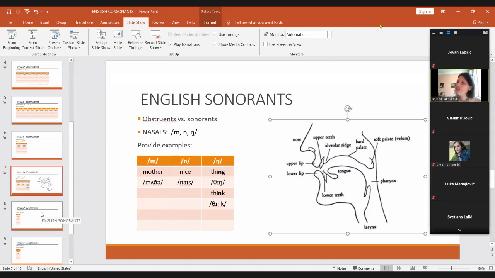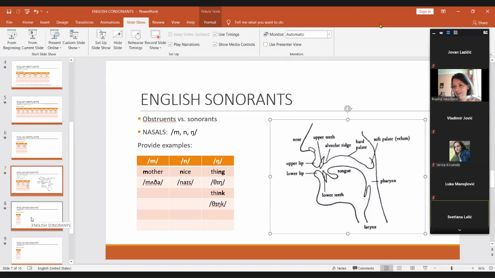Now, in addition to nasals, do we have any other sonorants in English? Liquids. Okay, we have liquids, which include laterals and the retroflex sound r. So, anyone who had Latin in high school?